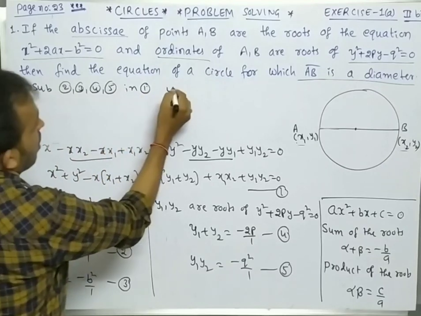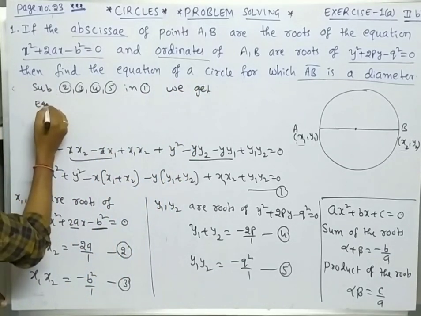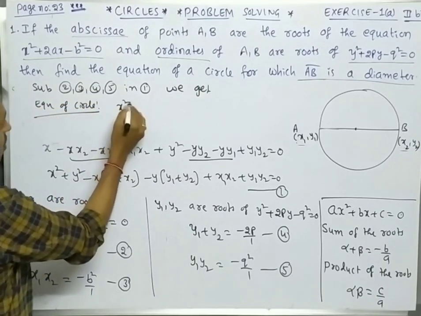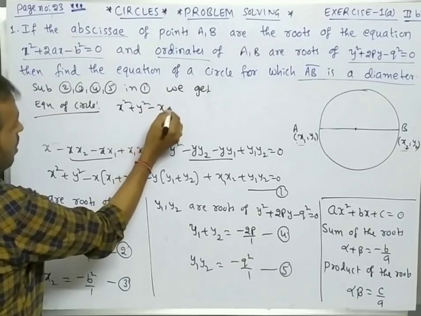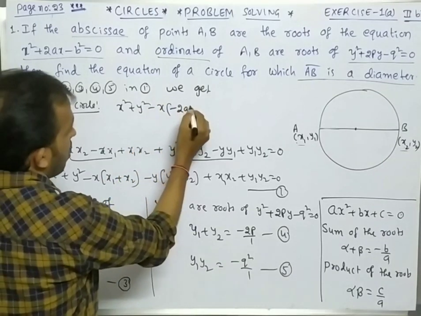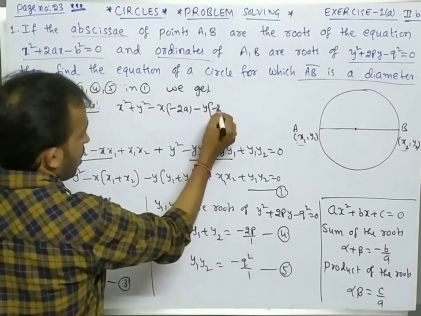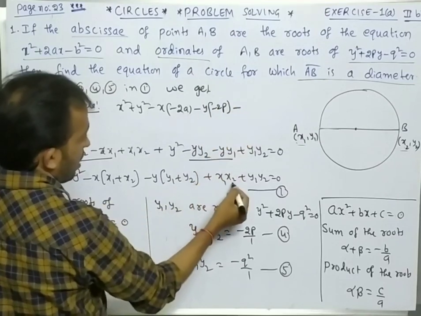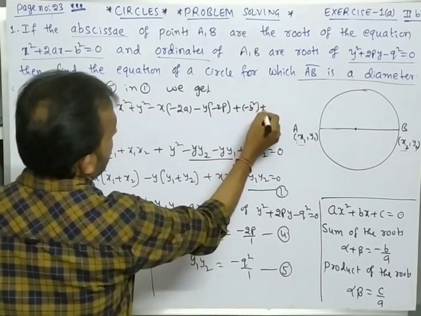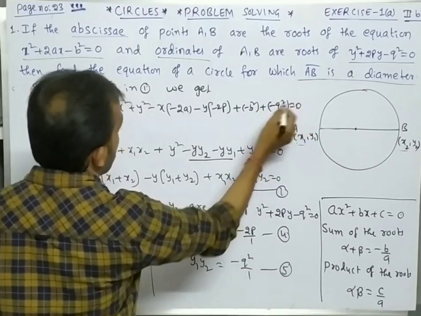Then the equation of the circle is x square plus y square minus x into (x1 plus x2, that is minus 2a) minus y into (y1 plus y2, that is minus 2p) plus x1 x2 (minus b square) plus y1 y2 (minus q square) is equal to 0.